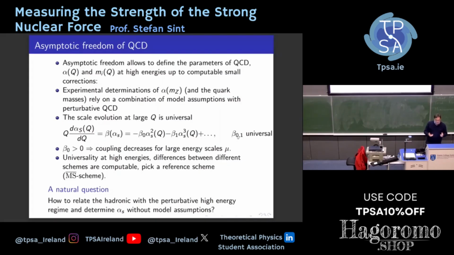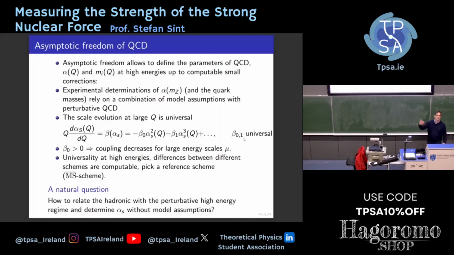But if you do these calculations, you find that different renormalization schemes can be related perturbatively, and you can define a beta function in each scheme. And whatever you do, the beta 0 and beta 1 coefficients are the same in all schemes.